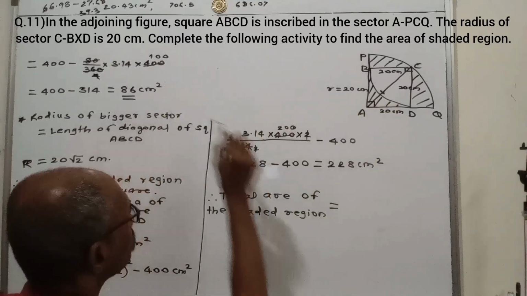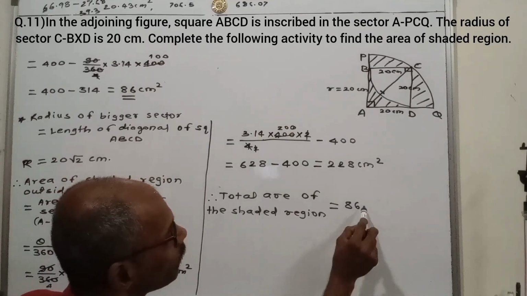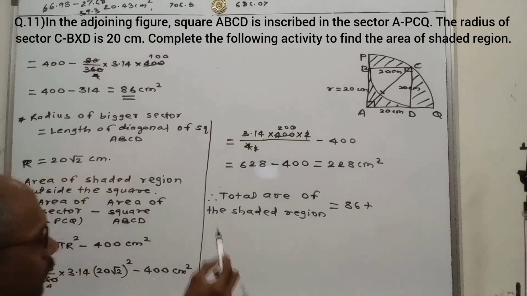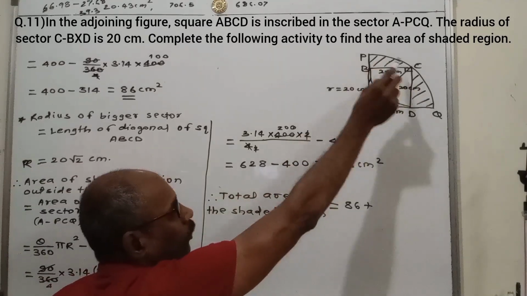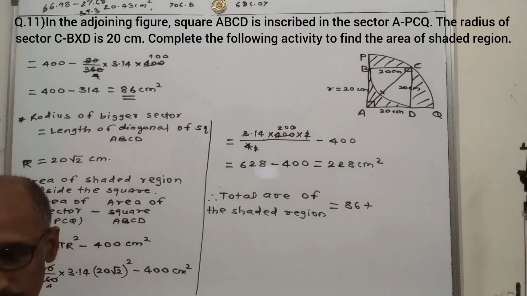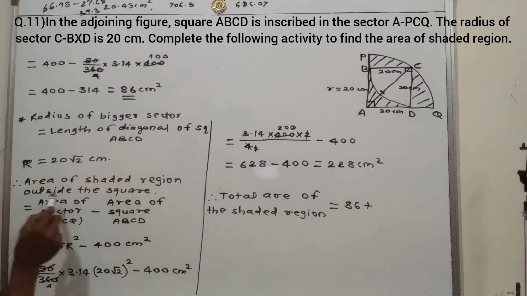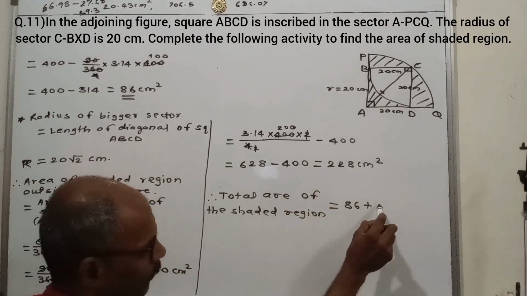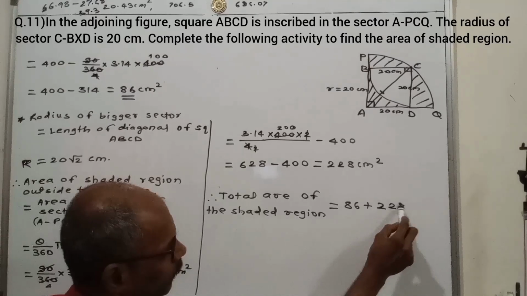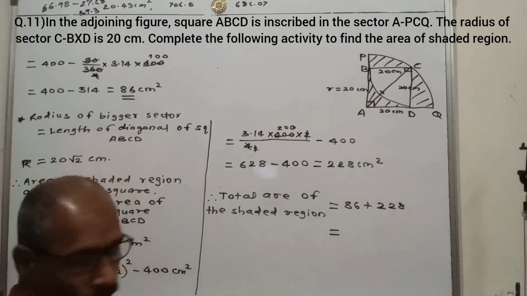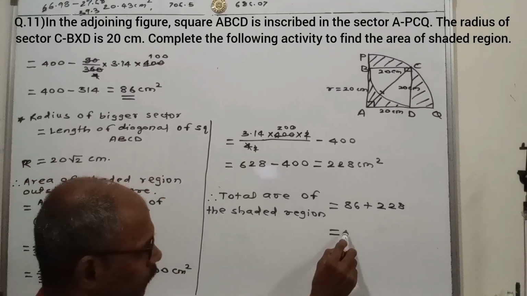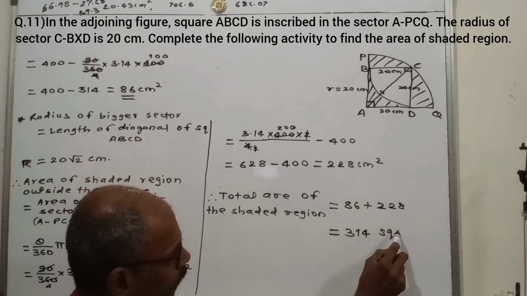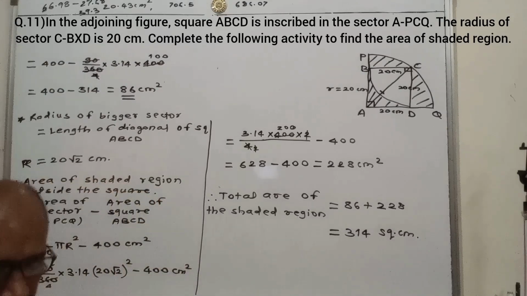What is? 86 centimeter square plus area of shaded region outside the square, that is 228 total. Therefore total answer 314 centimeter square or square centimeter.